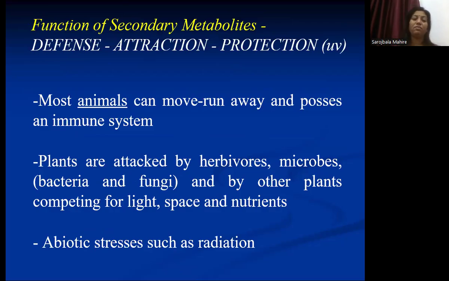Function of secondary metabolites. What is the function? Secondary metabolites are essential for plants, insects, other animals, as well as human beings. Defense is the most important role of these secondary metabolites. Another is attraction of insects for pollination, and protection against herbivores and enemies.